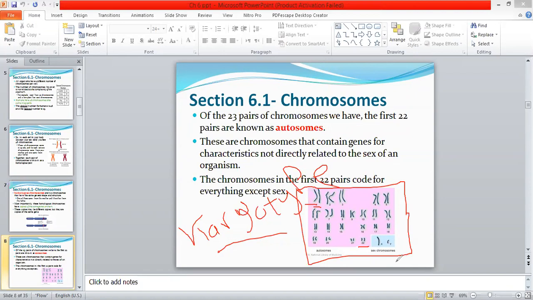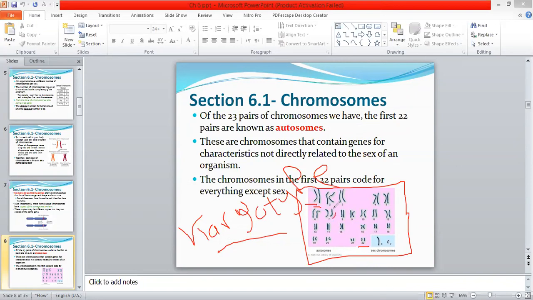And chromosome number 23 is the sex chromosome, but it is not part of this arrangement. If chromosome number 23 were included in this arrangement, it would take place number 7, the seventh place.